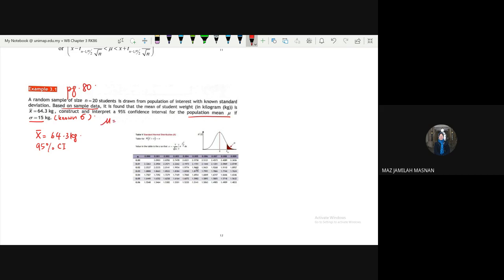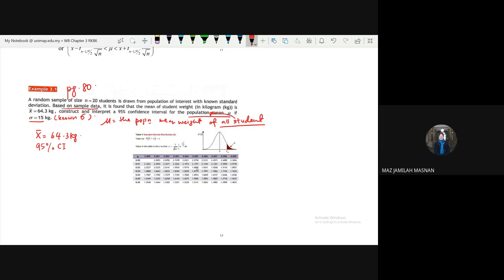Mu in our case is the population mean weight of all students, because we are talking about the population, right, of all students. So all students shows the population. That's why we define it that way.